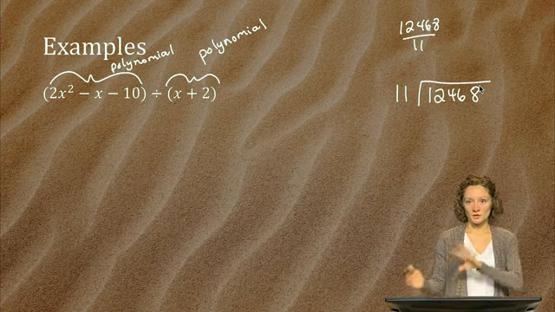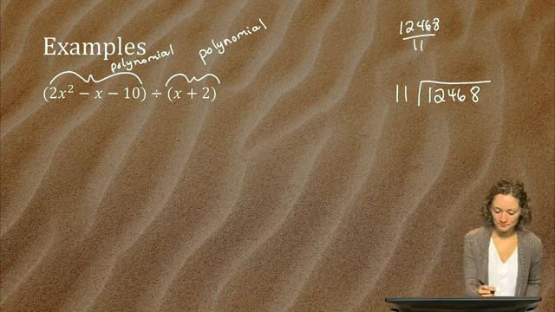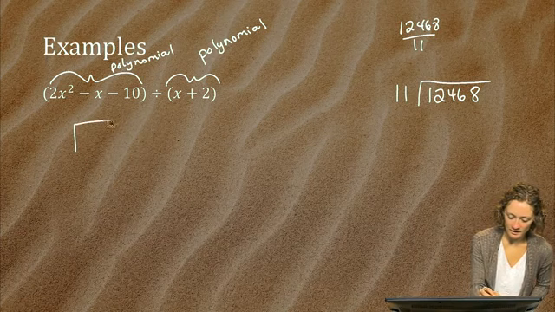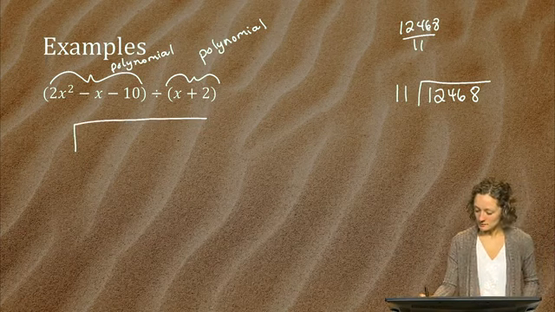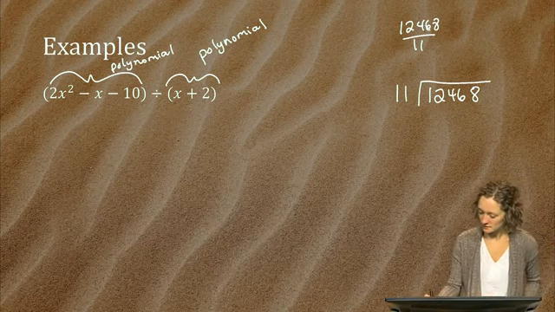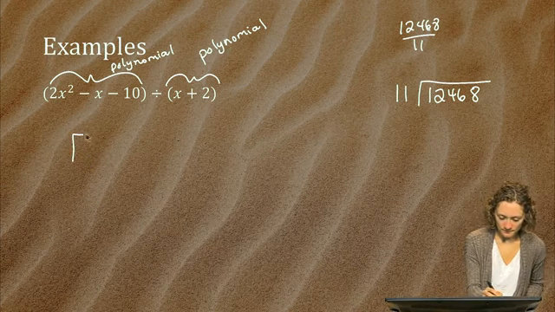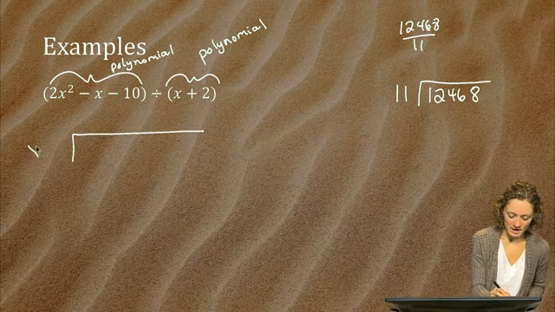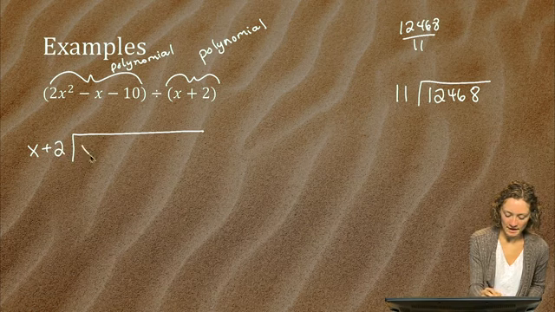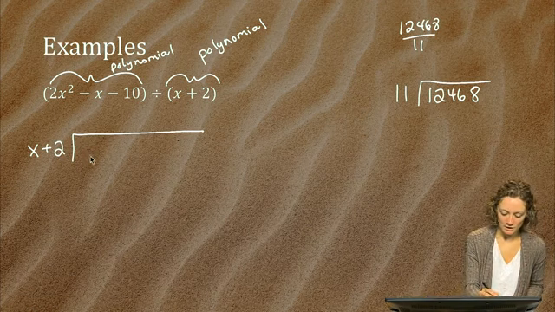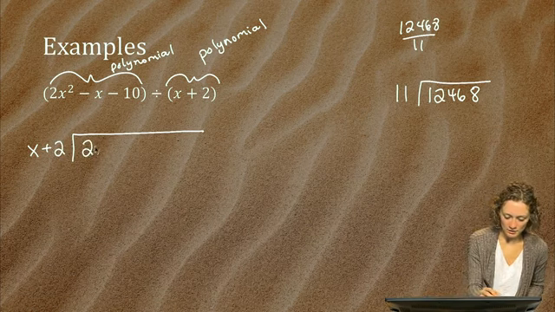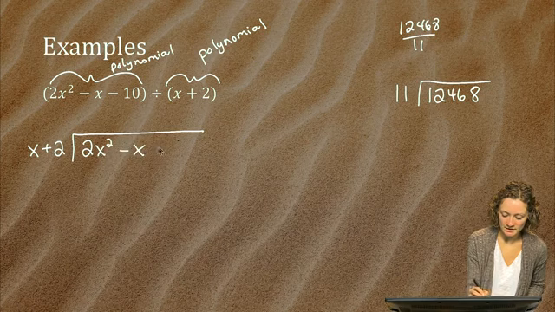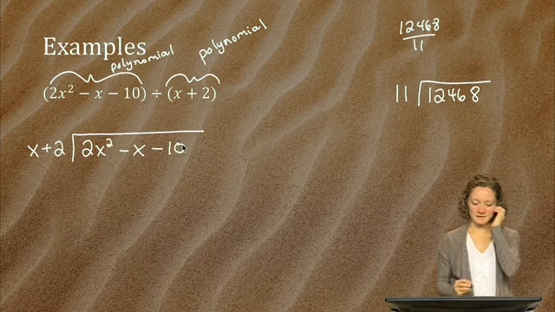So we're going to do them both simultaneously. So let's set up the same thing for our problem. Actually, let's move this down a little bit. So we have the x plus 2 on the outside. Oh my goodness. And 2x squared minus x minus 10 on the inside.